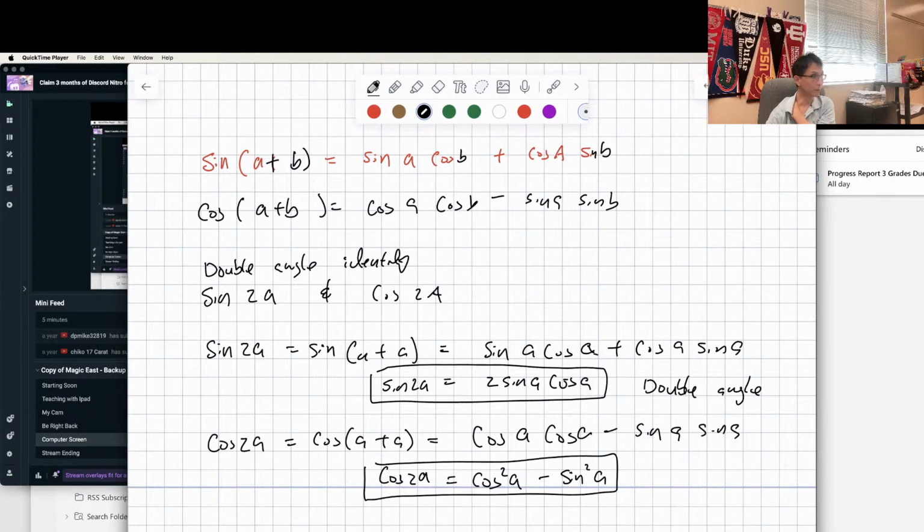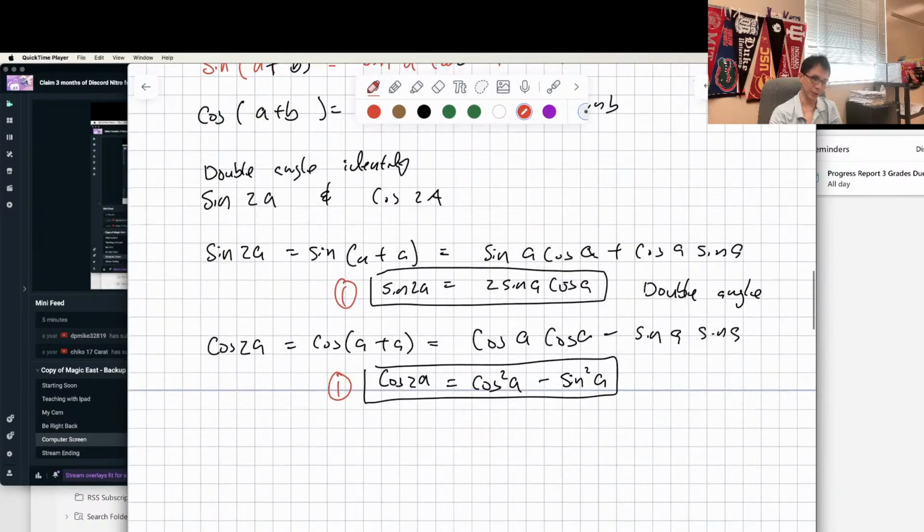Is this okay? Now, it turns out this is only one version. There is one version for the cosine 2a, but there are actually two other versions. You basically just convert this.